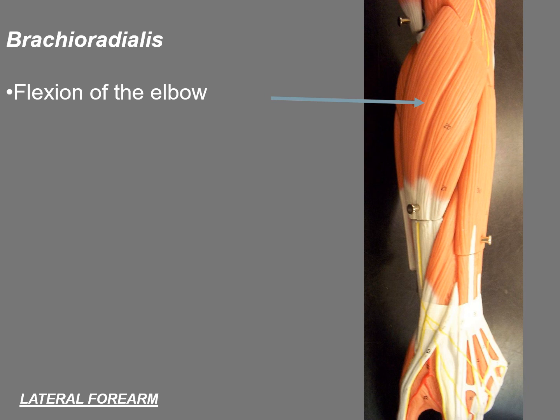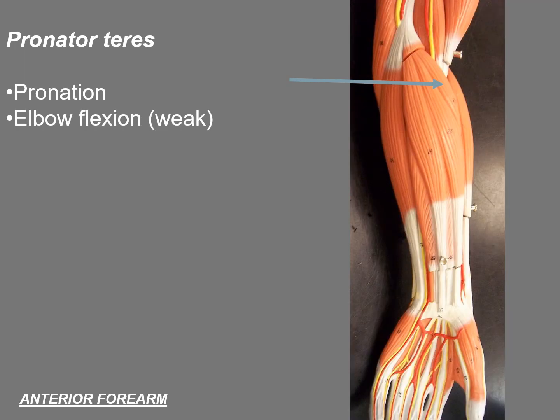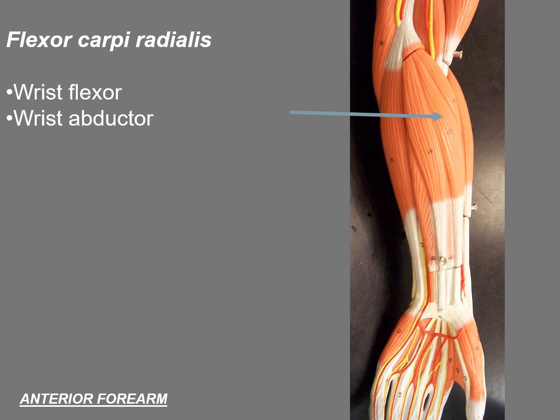Sorry, I reversed those too. So it's not just one muscle that's going to contract typically for certain movements. Pronator teres for pronation, as the name implies. Flexor carpi radialis. Now, you'll start to say, well, a lot of these muscles are really close to each other and hard to distinguish.